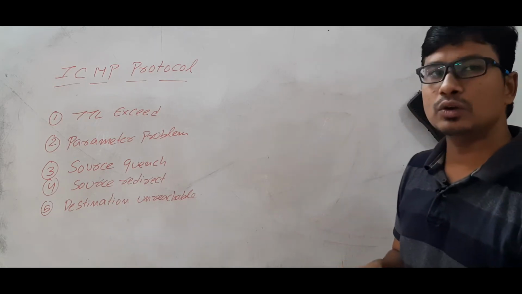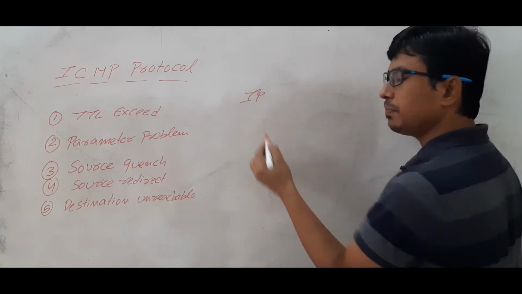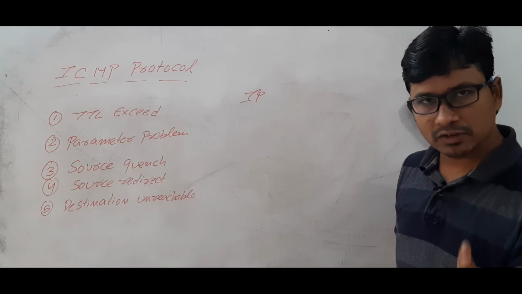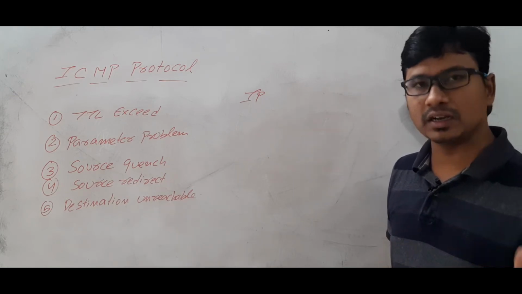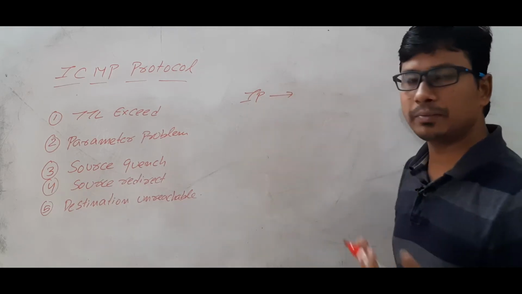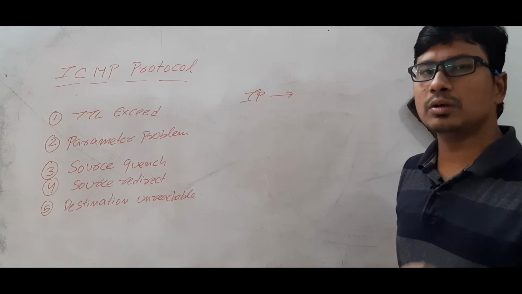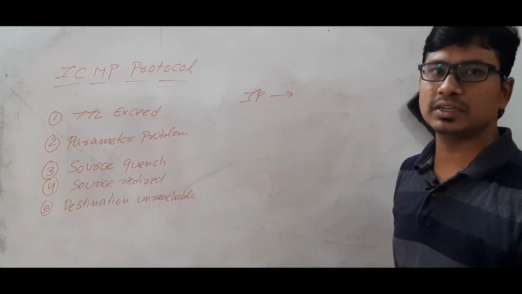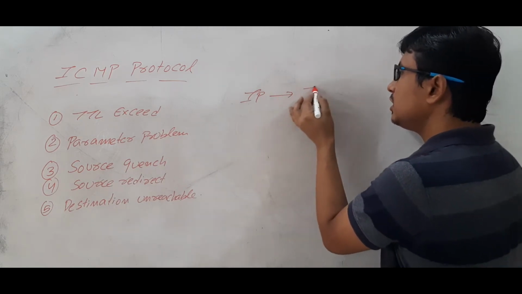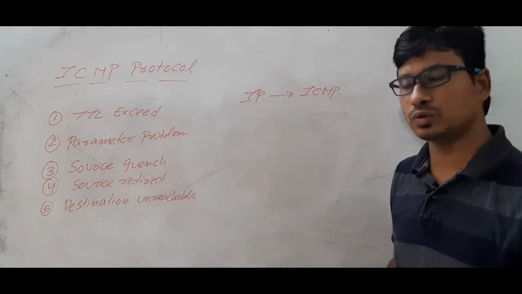So to solve this problem, what they have said: if you are generating an IP packet and sending it, obviously if the source is sending a packet, it will come from the network layer to the data link layer. So your packets will be IP packets. If some intermediate router or the destination is not able to receive that information or forward it to another node, then it will generate an ICMP packet to provide feedback to the source.